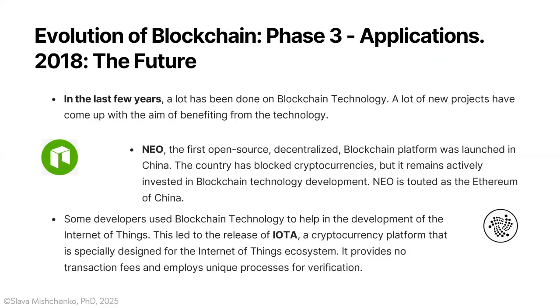And from my perspective, as someone who's been studying the field for years, these developments represent more than just technical innovations. They show us how blockchain technology is maturing and finding real-world applications across different sectors.